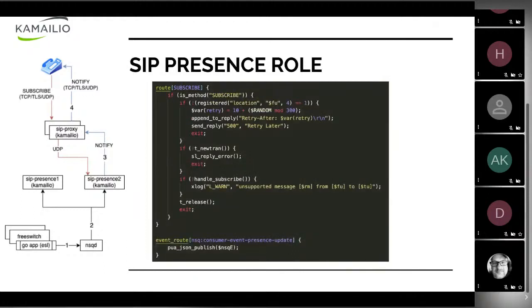And here is the SIP presence role. Basically, it's taking a subscribe and checking if the user's registered. If they're not registered, it says to retry within a random period within 5 minutes, because there is a possibility that a race condition can exist where a subscribe hits the presence server before the registration is saved to user location data and propagated to the SIP presence server.